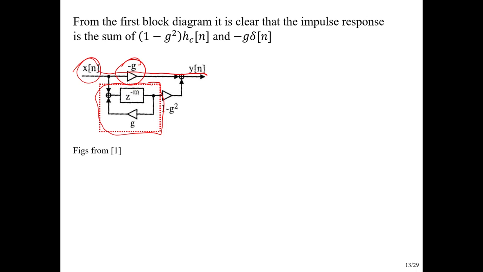So there will be a spike down to minus g. We're assuming g is positive here, right off the bat. And then that goes away, and then there's a delay through here before we get anything contributing there. And that also gets hit by the 1 minus g squared.